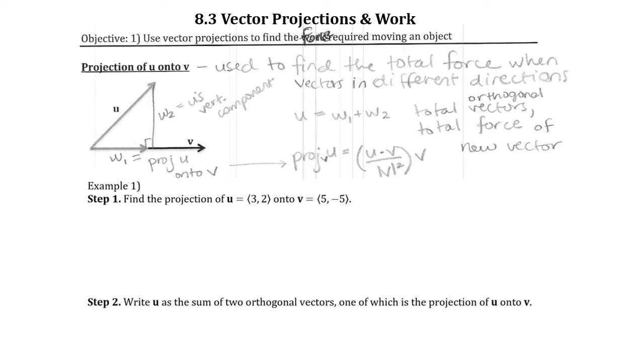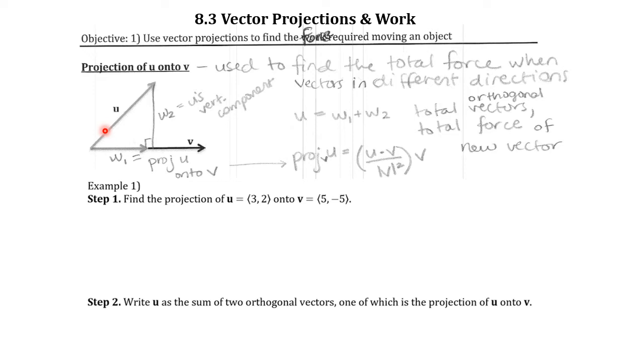So here's what a projection is. It is used to find the total force when the vectors are going in different directions. So that means when things move, they usually move based on at least more than one force. They have their own weight, and if you've had physics, you've already heard this explanation.